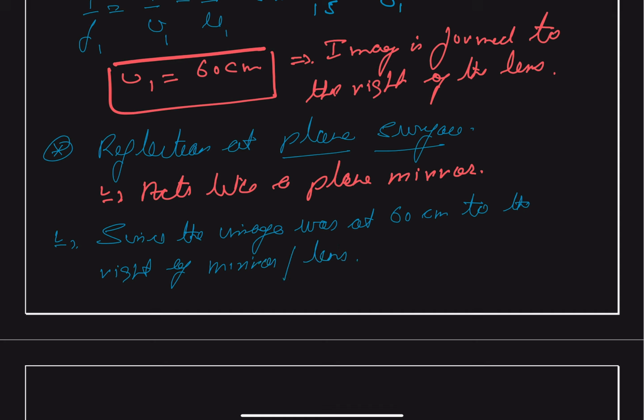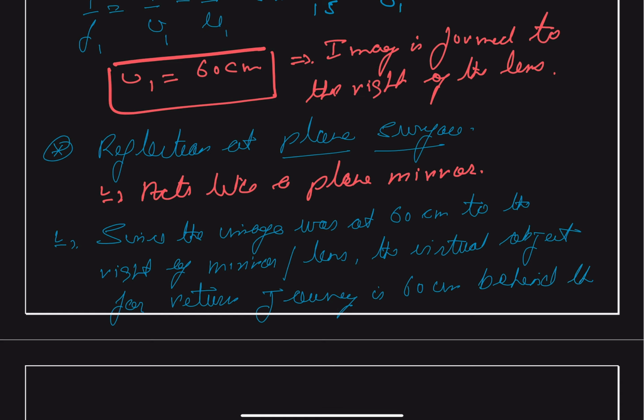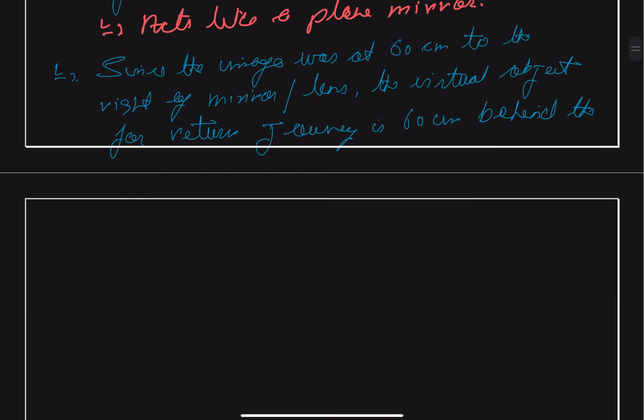the virtual object for the return journey is 60 centimeter behind the silver surface.